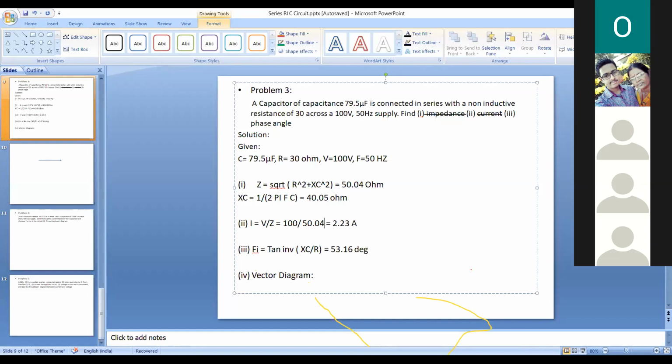So obviously the current will also change. Probably doubling will take place. Almost 2 amperes, 1.99 you will get.